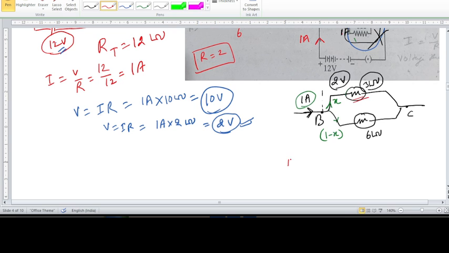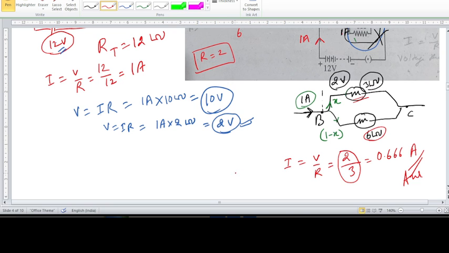I is equal to V by R. V is 2 volt, R is 3. So 2 by 3, 0.666 and so on ampere of current. This is the answer.